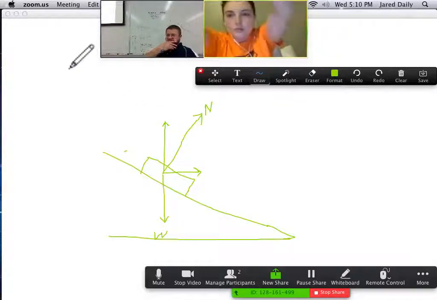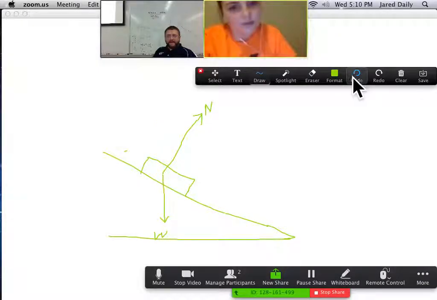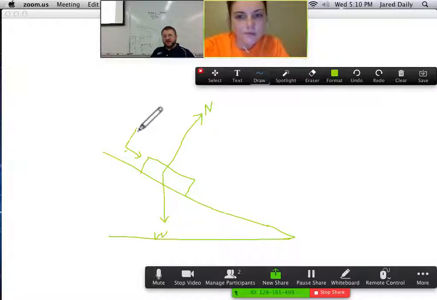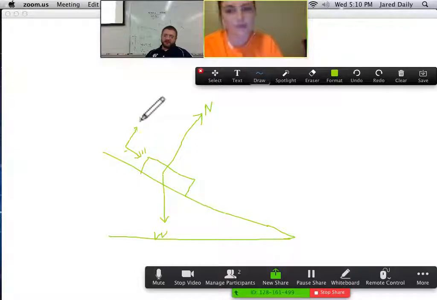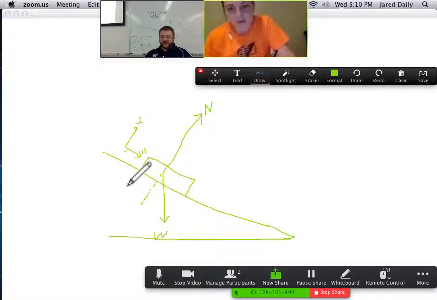Let's see if I'm drawing this correctly. I'm not drawing this correctly. Did we talk about centripetal force? No, we didn't, and that's why I erased that previous picture. So here is our parallel, and here's our perpendicular. Let's see if we can draw it this way. Here we have a component for our weight, that's our perpendicular component. Here we have a parallel component for our weight.